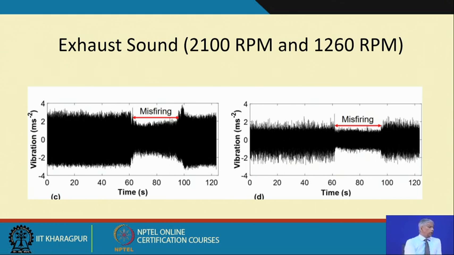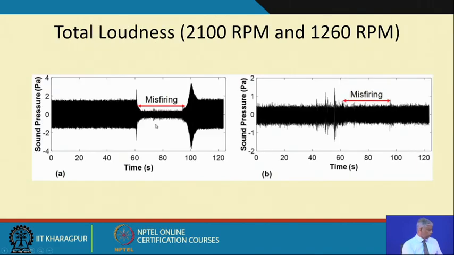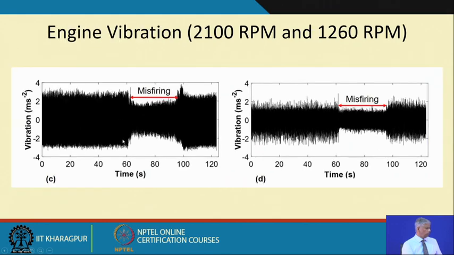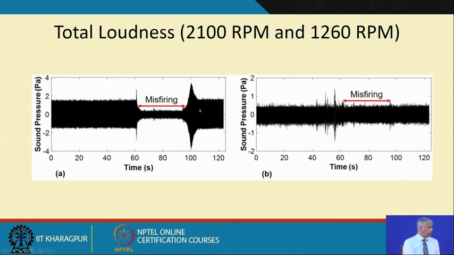So, you can see right away there is a typo here. This should be a sound pressure here. Okay. I will go to the sound pressure here. So, you see the sound pressure here, there will be the case of misfiring at a low RPM, there is a misfiring, but the sound we are not able to detect visually in the time history.